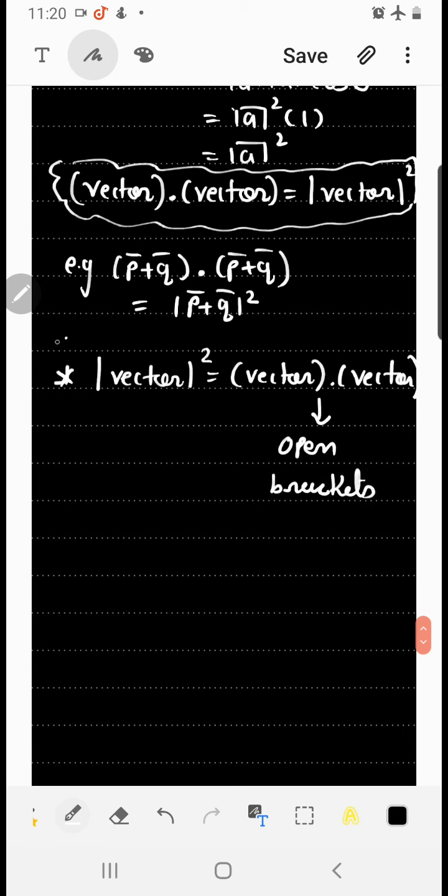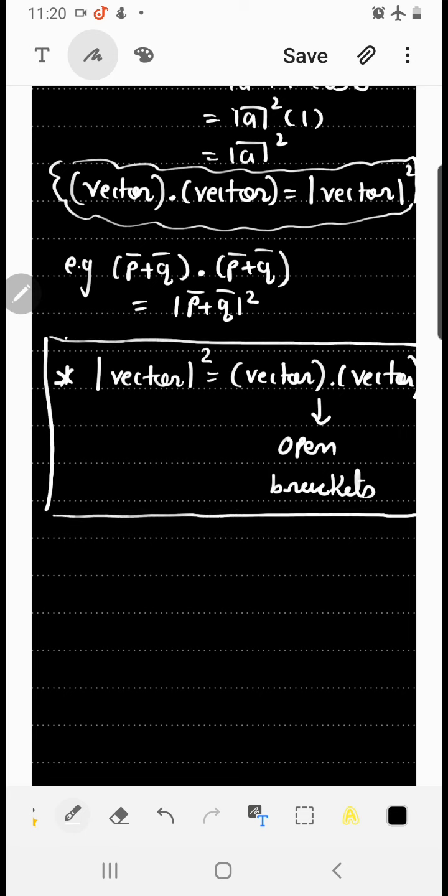This you should remember as one of the standard results. So this property says that the square of the magnitude of a vector can be written as vector dot vector.